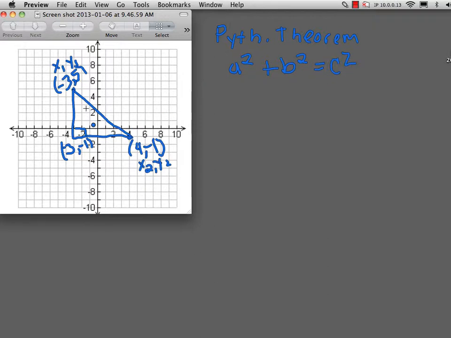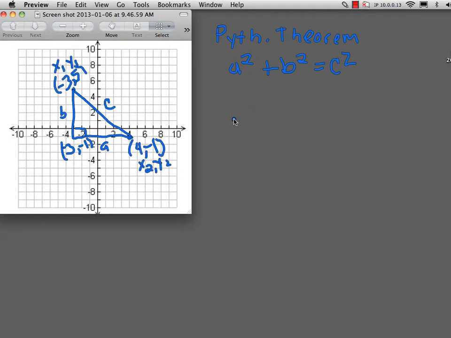Again, that's just the lengths of the legs squared. Okay, so let's label our sides on the Pythagorean theorem. Let's label this side A, this side B, and then the hypotenuse is always C.